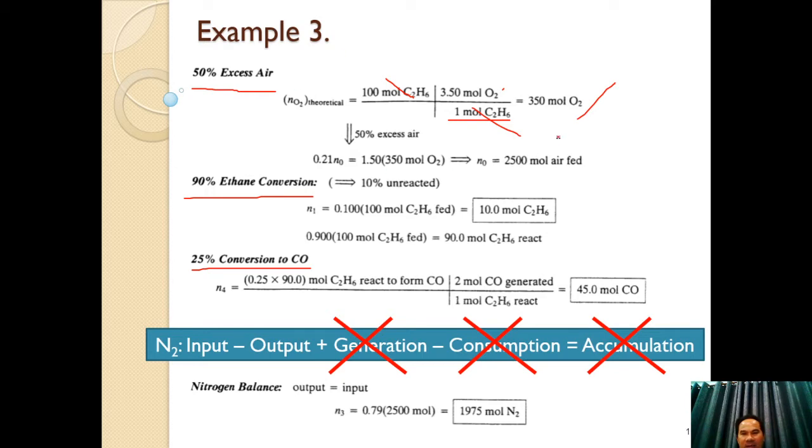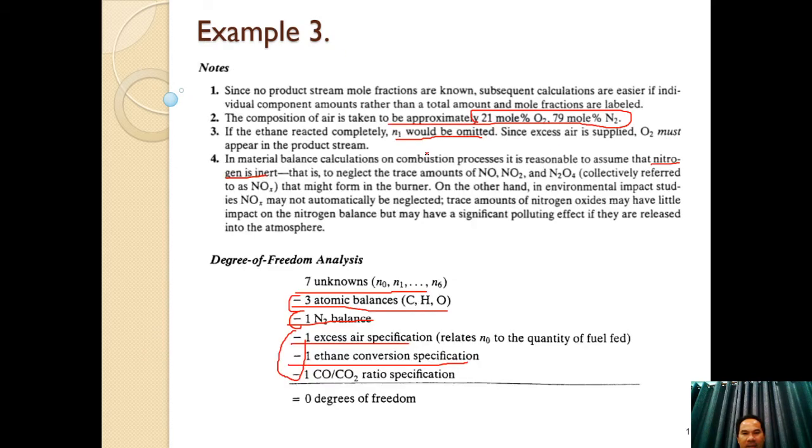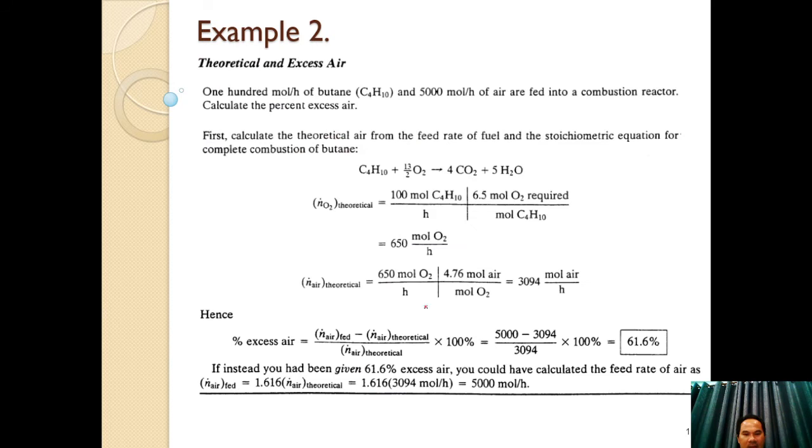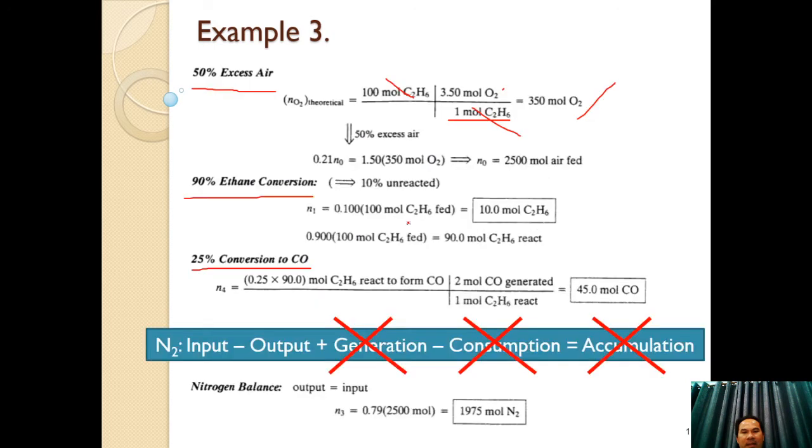percent excess, right? The percent excess. Let me show you this. Percent excess equals feed minus theoretical, divided by theoretical. And then you can calculate 0.21 N0. What does it mean? 0.21 N0 means feed oxygen.